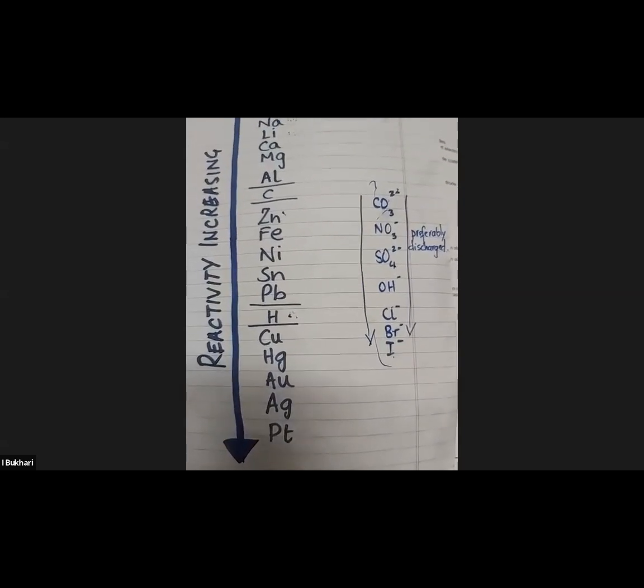Now, if you ask me, does this exception work with other metals? I don't know. I don't think so. When I was going through this question, I have no idea. I tried to search for the reasons, but they were going into calculations, and at the end of the day, those people also concluded that this is an exception, and they don't know the reason why this happens.